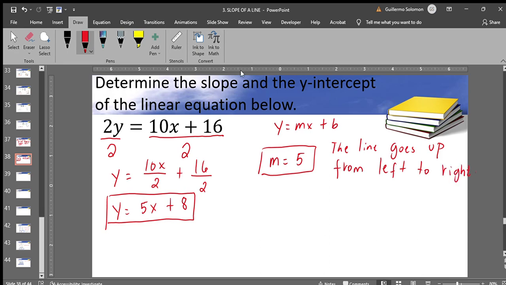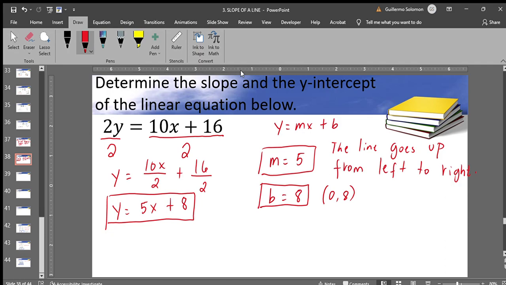Okay, next, our y-intercept, sorry, is positive 8. Okay, therefore, at (0, 8), tandaan na, first, we have the 0 kapag sinasabi natin y-intercept. At (0, 8), the graph will intersect at (0, 8).